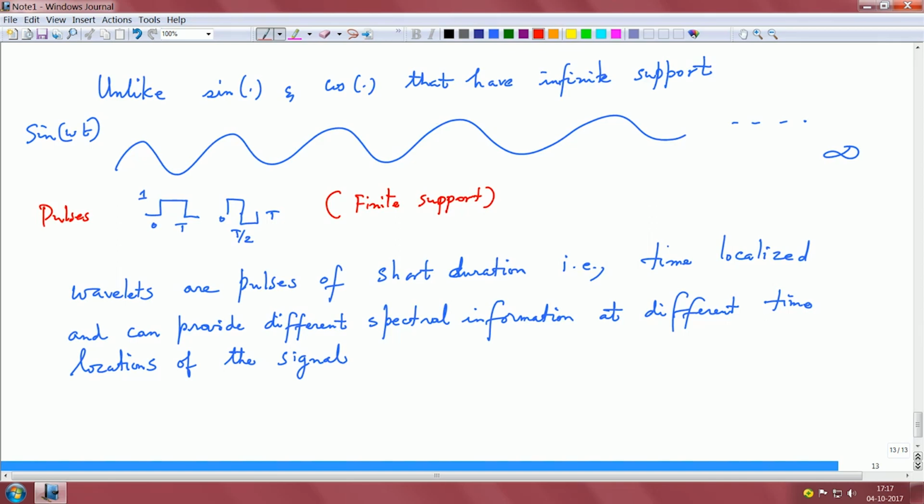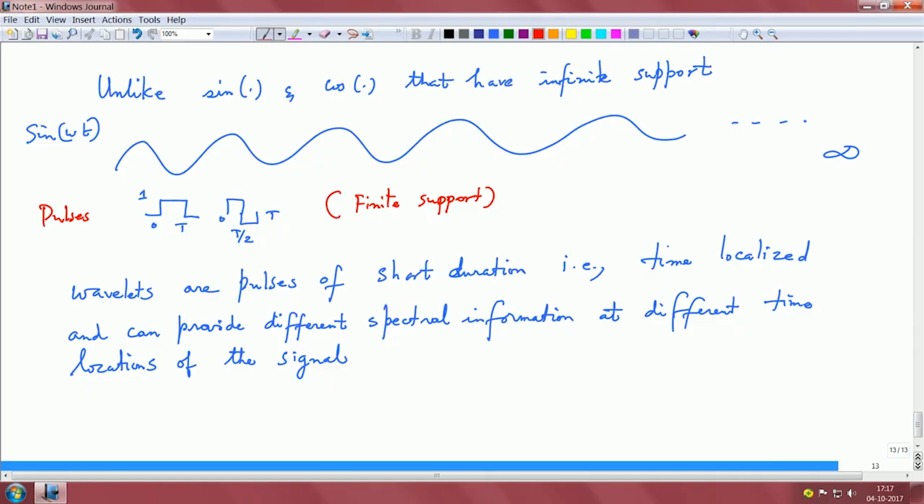So now the concept is very clear to us. We need different resolution at different scales, and we want the signal to be expanded using a set of basis functions that have finite support, whose widths are different across different scales, and they have to provide some time localization property such that you can get different spectral information at different times.